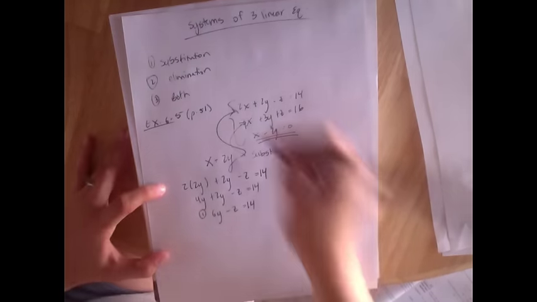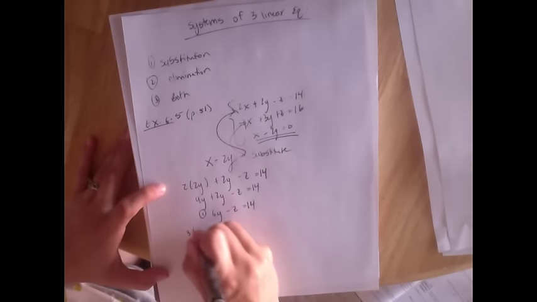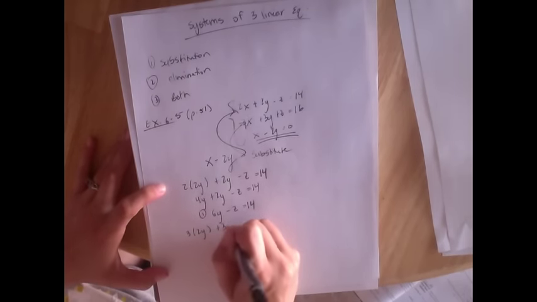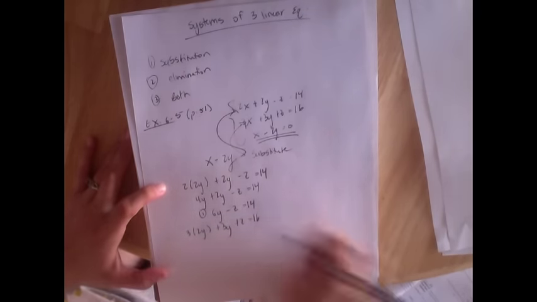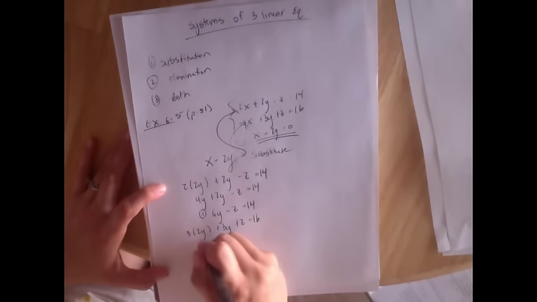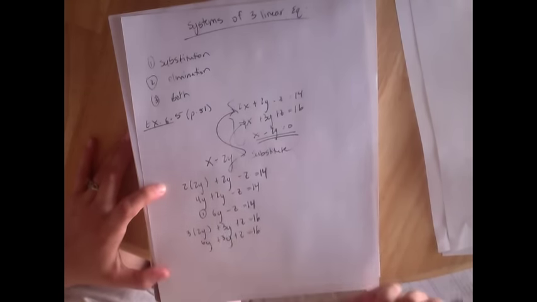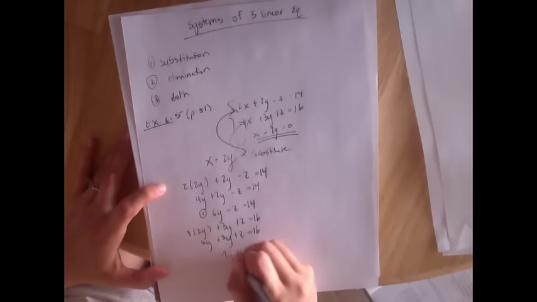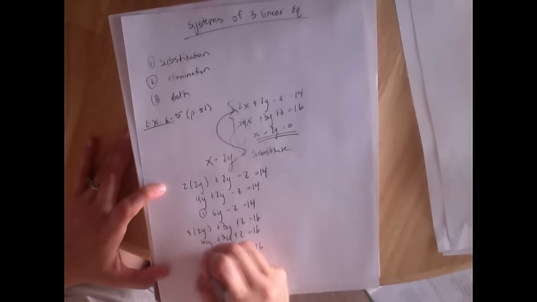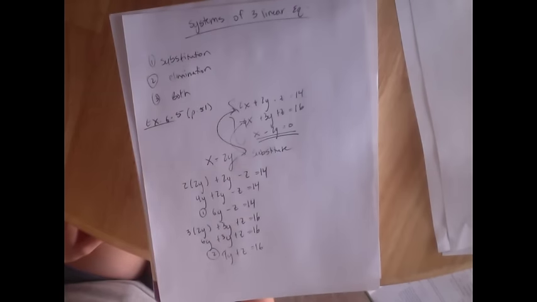And now let's do it for our second equation, leaving me with 3 times 2y plus 3y plus z equals 16. Again, I'm going to simplify. 6y plus 3y plus z equals 16, leaving me with 9y plus z equals 16. That is my second equation.